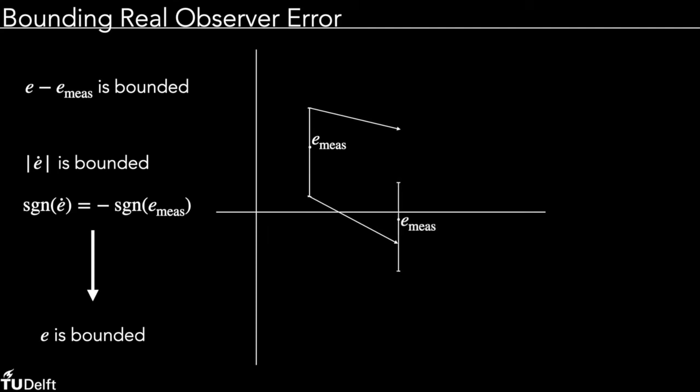At this next measurement time, of course, we also get a new measurement with its corresponding bound. We can now combine these two bounds to get a tighter bound on the real observer error. And this bound can be calculated at every new measurement time.